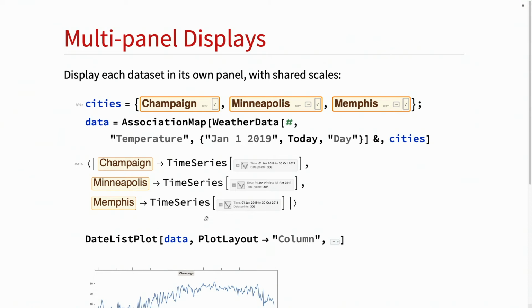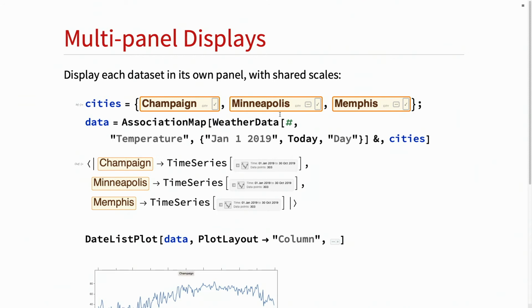The next thing I'm going to talk about briefly is multi-panel displays. So this is an ongoing project into how to represent data in nice-looking grids of graphics. And so this is just a relatively simple example. I have 3 cities, Champaign, Minneapolis, Memphis, and I've grabbed their temperature data since the start of the year.